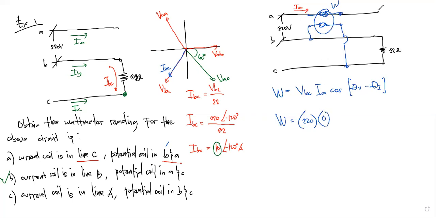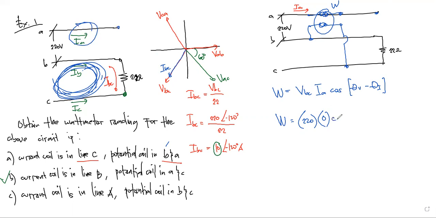Why zero? Because the other end is not connected to the load, meaning to say that the current IBC will just circulate in terminals B and C. The current IA here is of course zero because this is open.